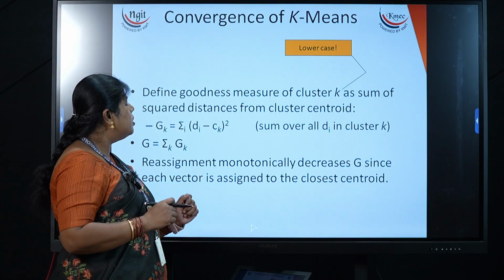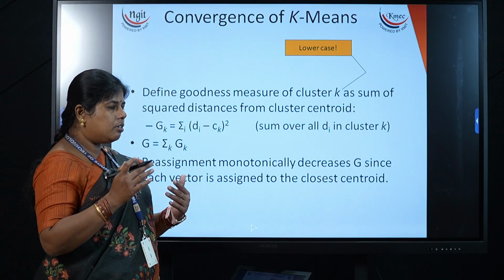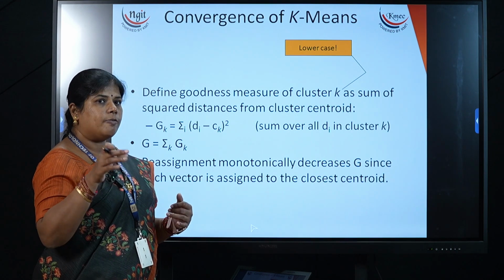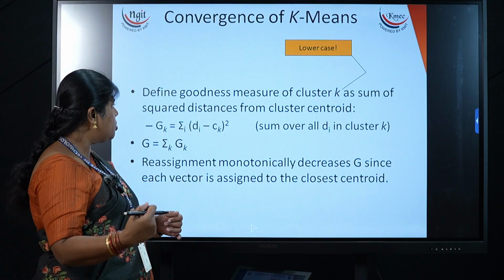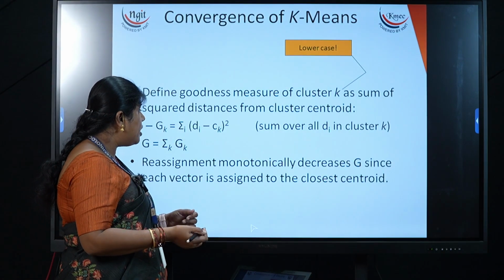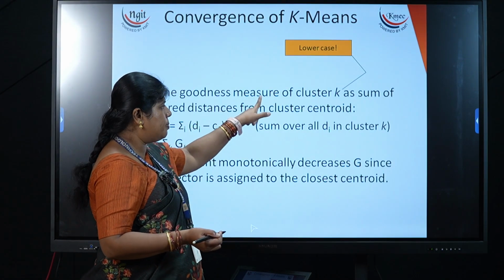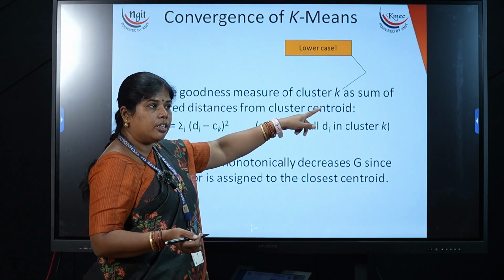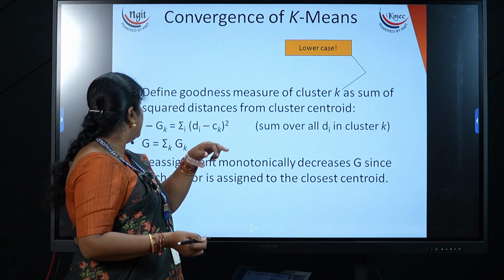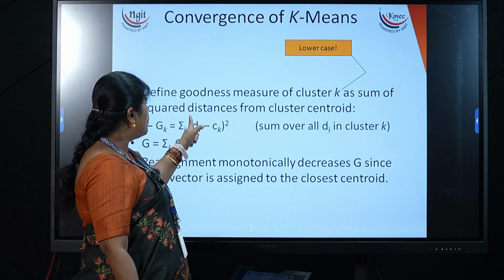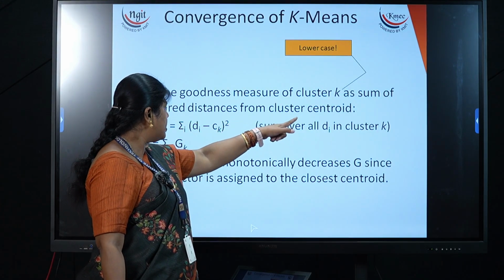Now, what will be the convergence condition? When can you say that K-means has reached a stop point? For that purpose I am defining a goodness measure, cluster K. Here, as I told you, this K is lowercase, and it is the sum of squared distances from the cluster centroid.